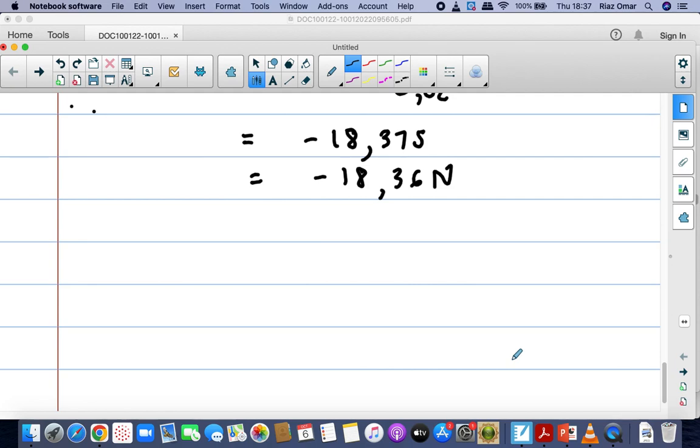But that's not the question. The question says, what is the force of the floor? So what we'll have to do then is work out the force of the floor. Net force is equal to the gravitational force plus the force of the floor, which we want to work out.